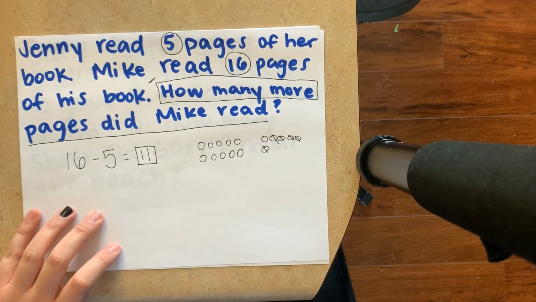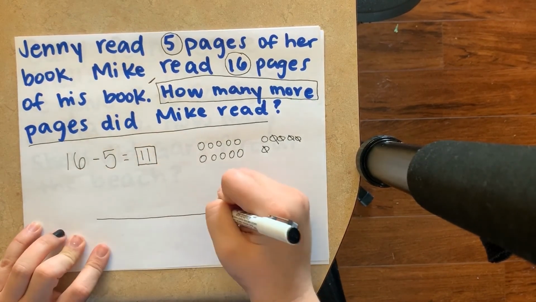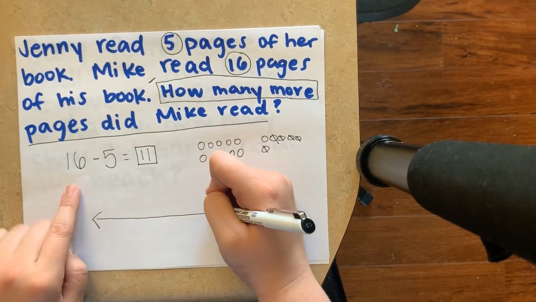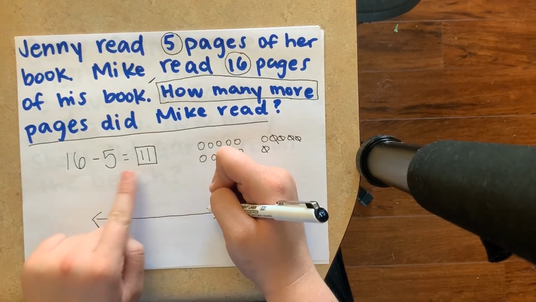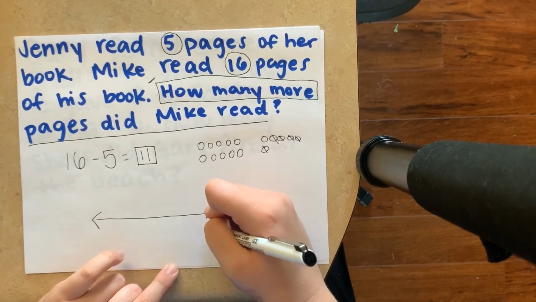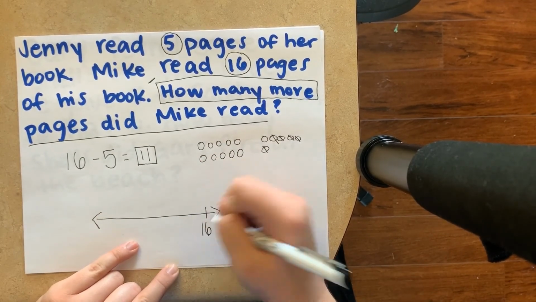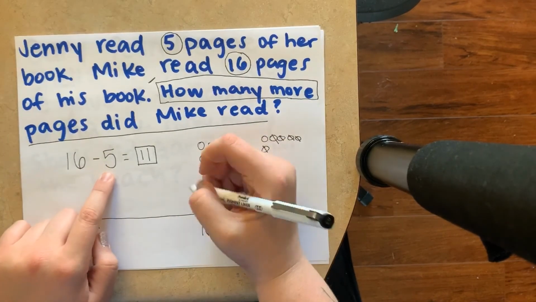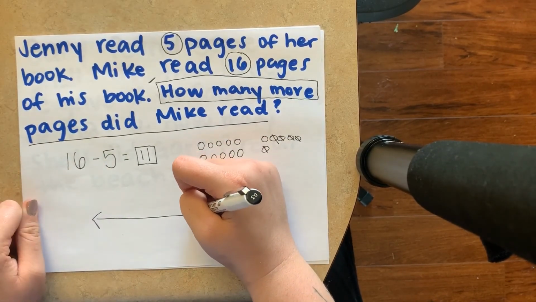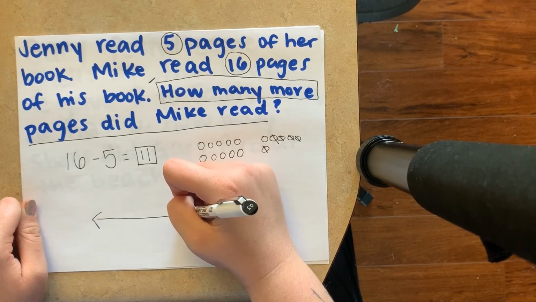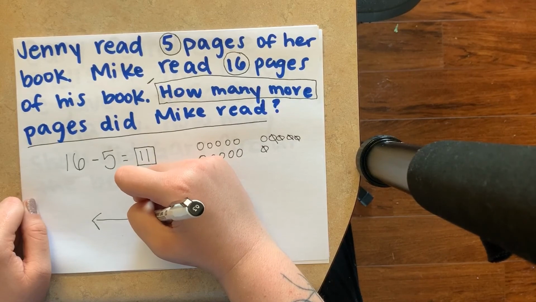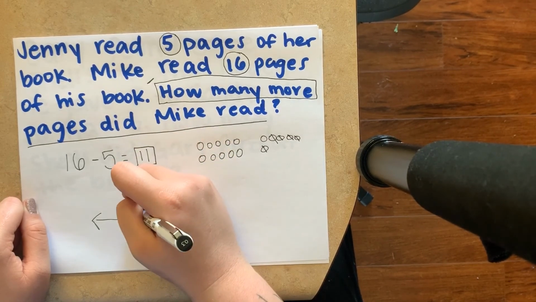But I could also do this on a number line. So I'm subtracting, so my number is going to get smaller. So I'm going to start down on this end of the number line with 16. And I'm going to make 5 hops back. 1, 2, 3, 4, 5.